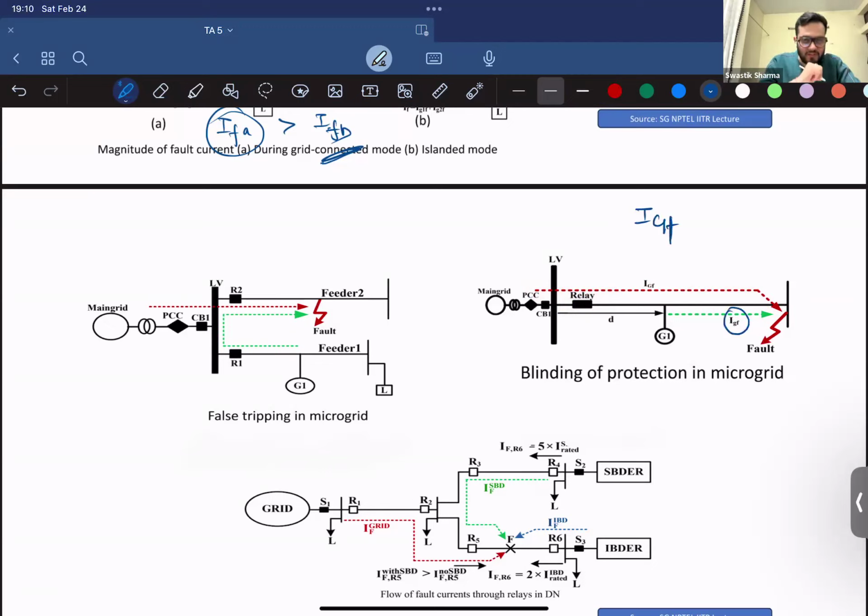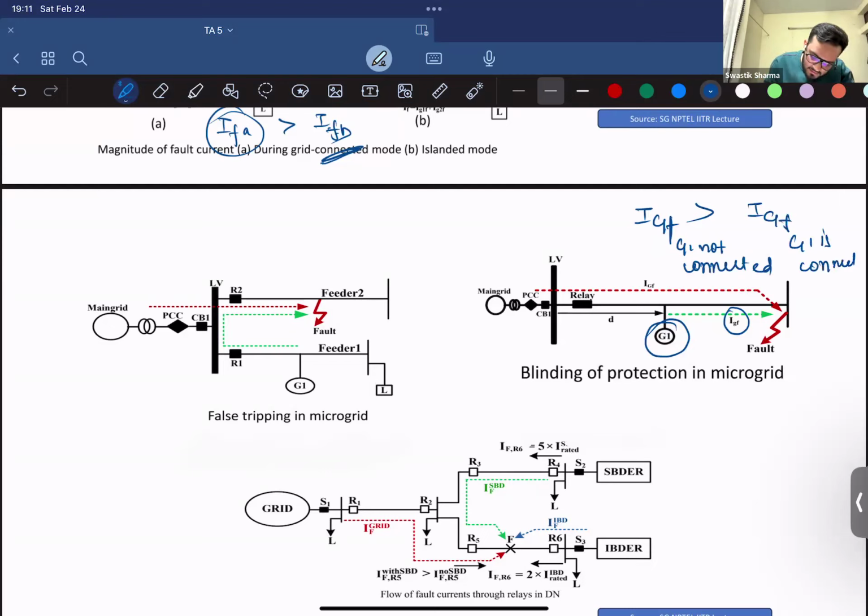It can't sense this small IGF current, first of all. But if G1 wasn't there, this IGF was greater in magnitude, because the fault current is dependent only on the impedance of the fault, right? So this impedance of the fault is constant. So this IGF at the earlier stage, when G1 was not connected, was greater than the fault current when G1 is connected.